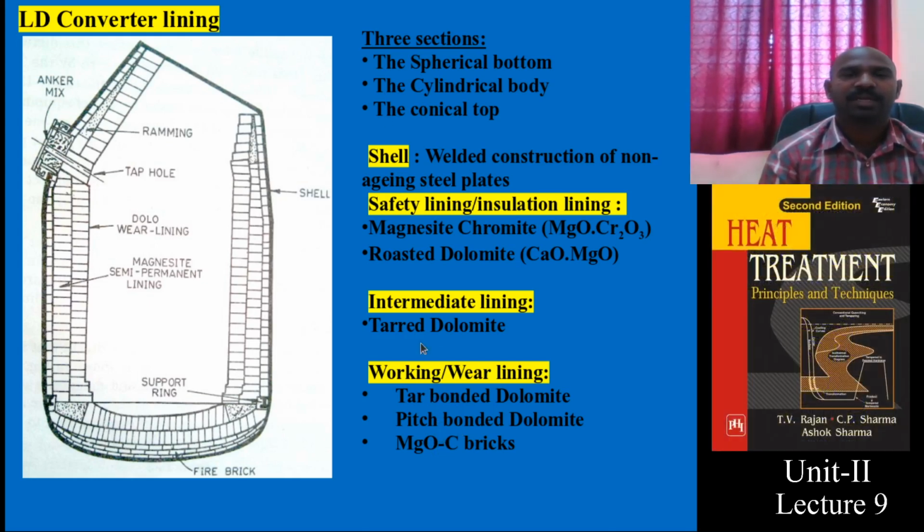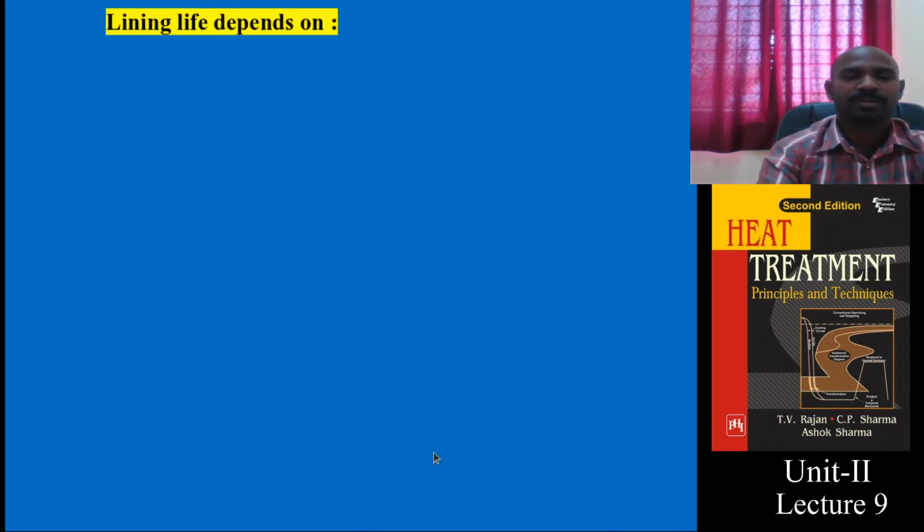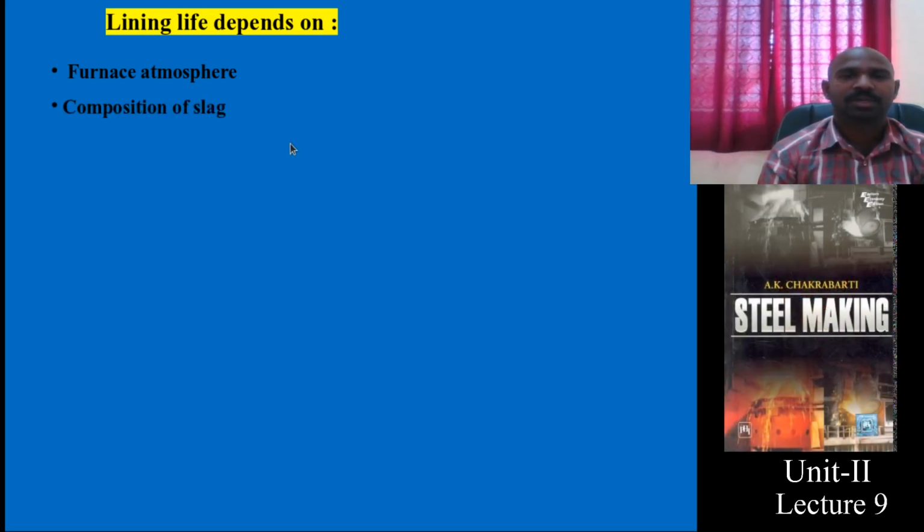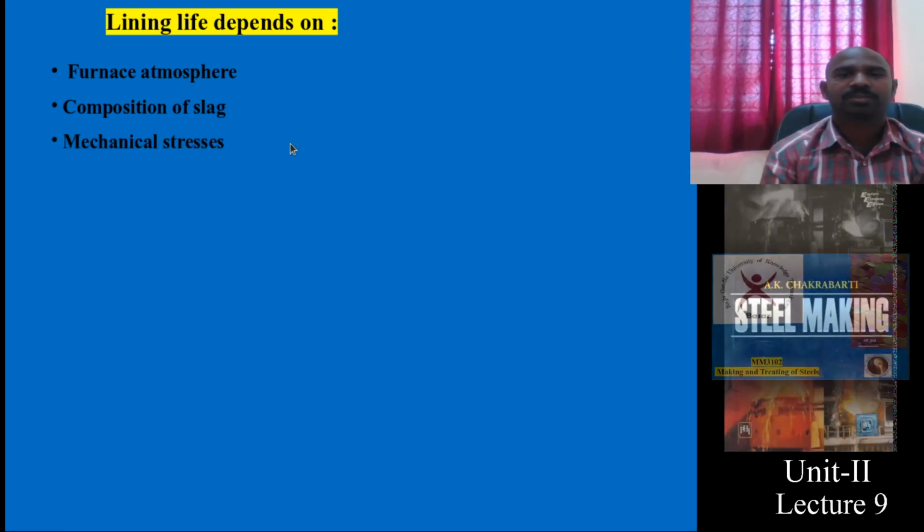What are the advantages of lining? Let me talk about a few things it defends against and what affects it. Furnace atmosphere, whether it is acidic, oxidizing or reducing in nature. Composition of slag, whether basic slags or acidic slags are forming more.